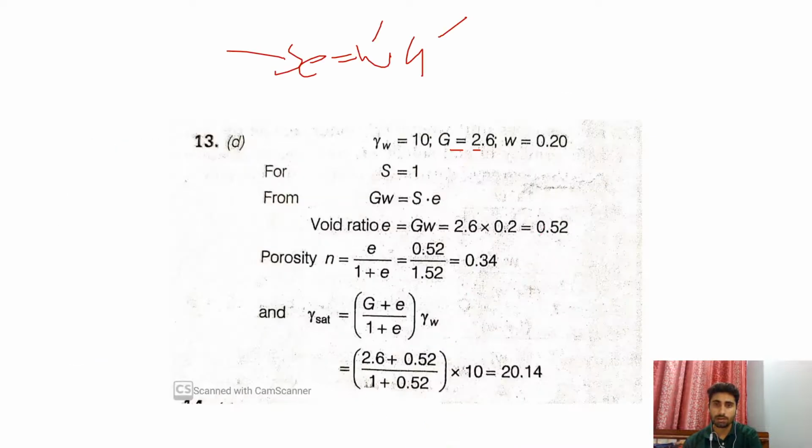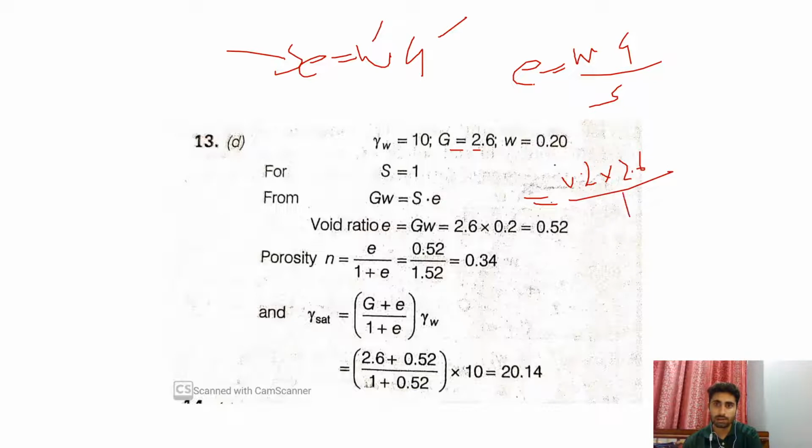So e is equal to wG upon S. What is the value of wG? w is 0.2, G is 2.6 and S is 1. 0.2 multiplied by 2.6 gives 0.52.